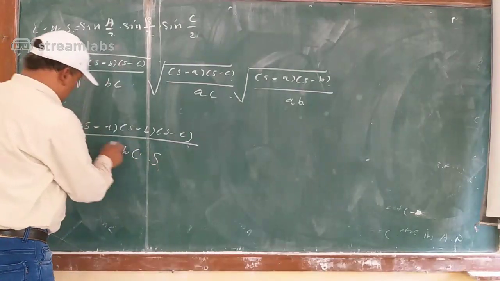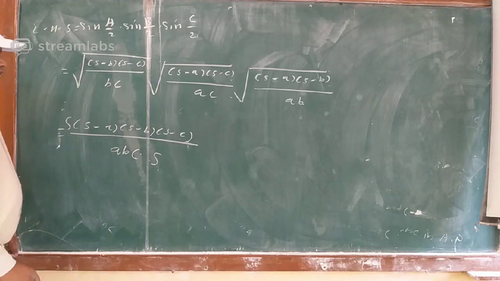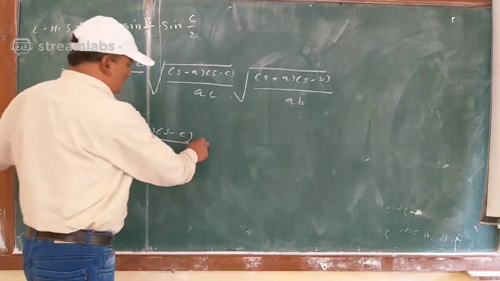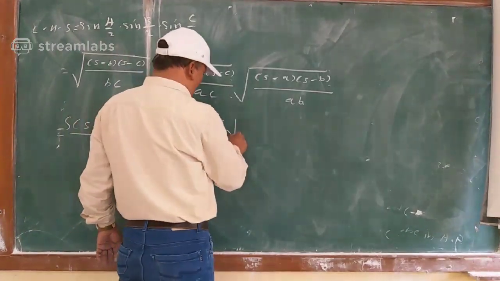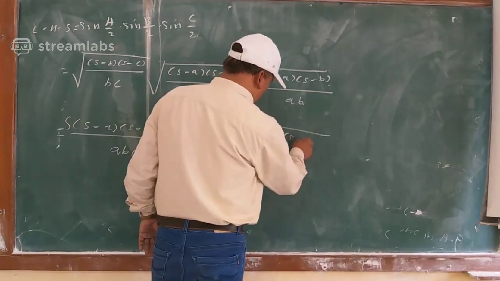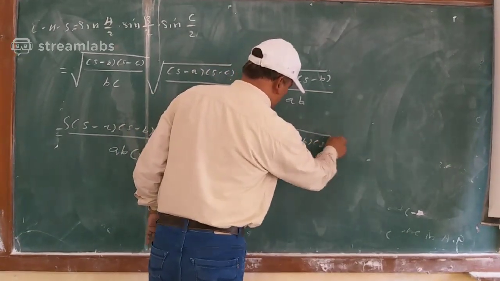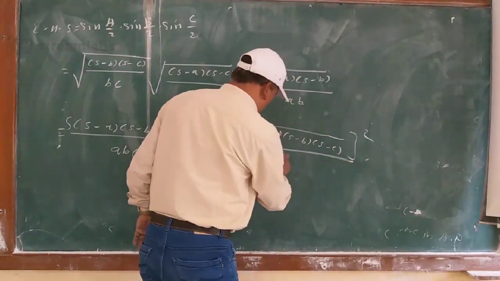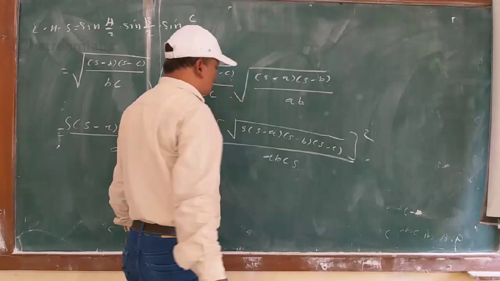Adjustment of S. And this is square. Now, this part is square of under root S into S minus A, S minus B, S minus C upon ABCS.